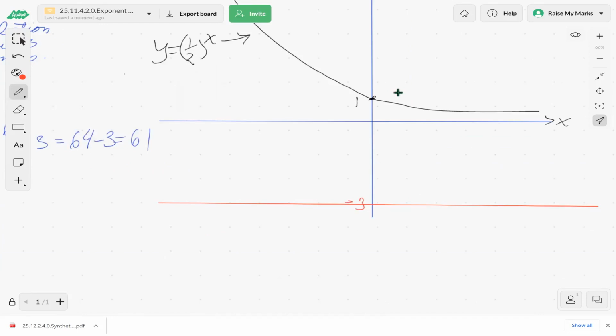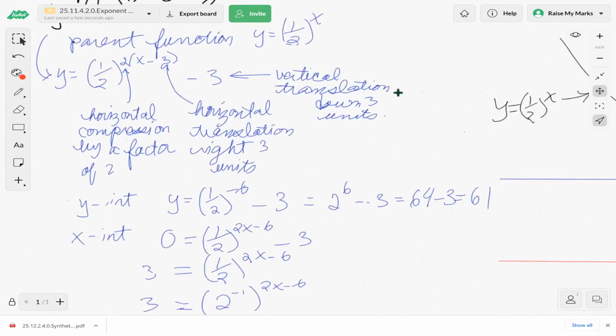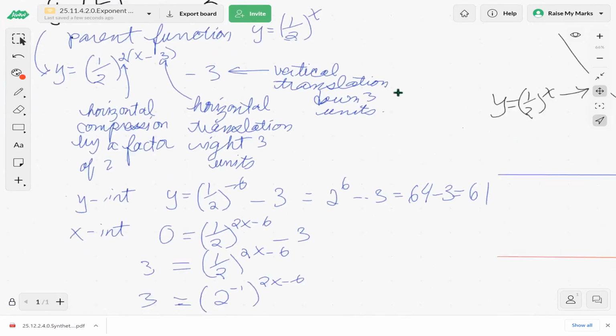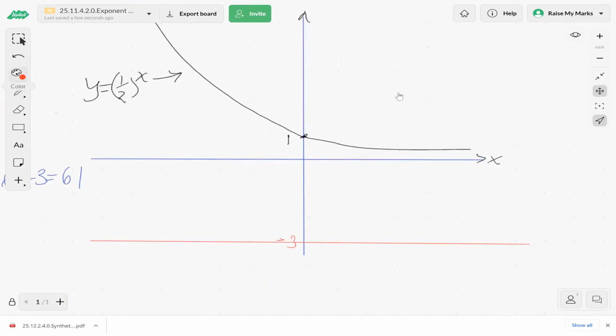We also have the horizontal translation of 3 units, so our y-axis has in some ways moved over to the right 3 units. Let's draw our new y-axis as a dotted line so I don't get confused.